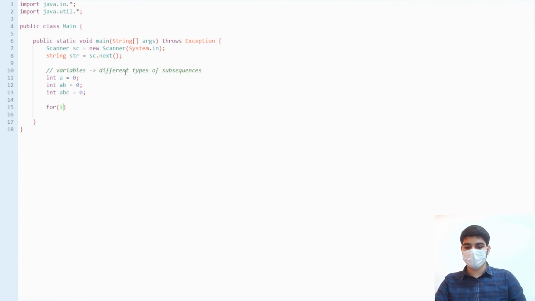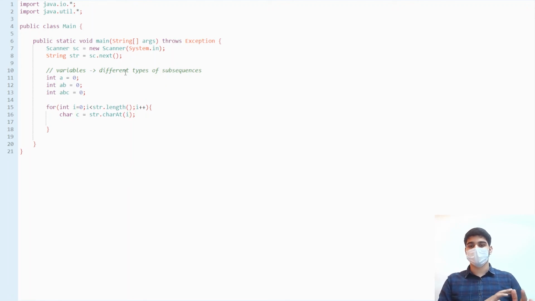So for int i equals 0 till str.length, i plus plus, now at this point I will have my character from the string, which is c.